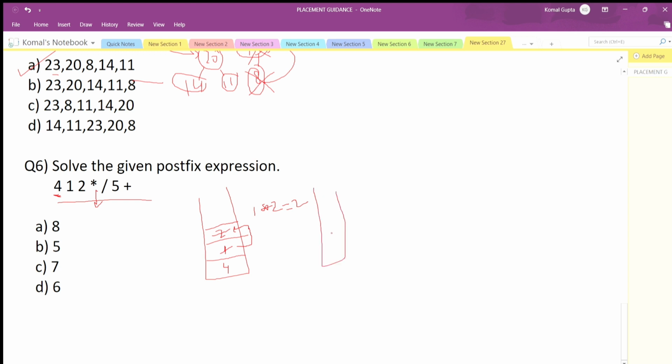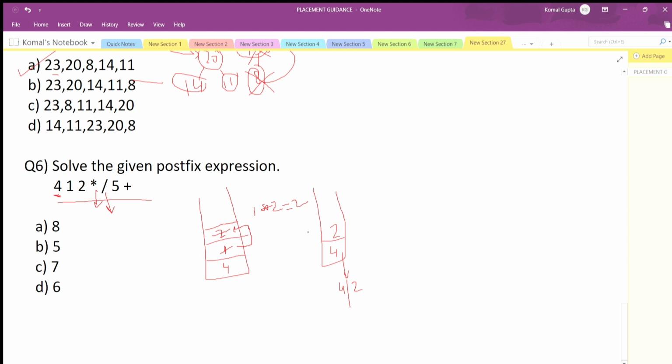So 4 is already there in the stack, and now after multiplying, the value that we are getting is 2. So this is the stack right now, and again there is an operation, that is the division operation. So again we will pop out these two values. How we will do this divide, we will do it like this: 4 divided by 2.